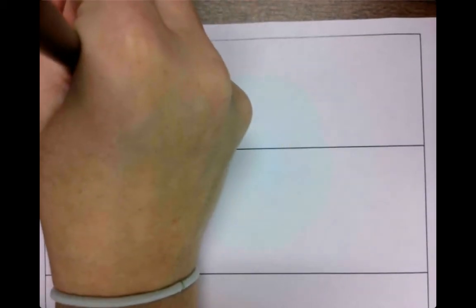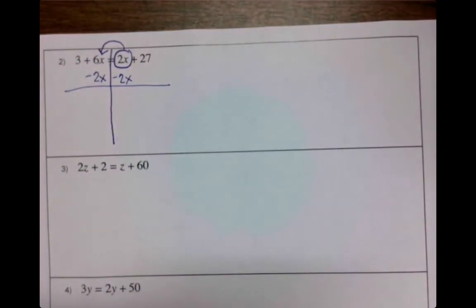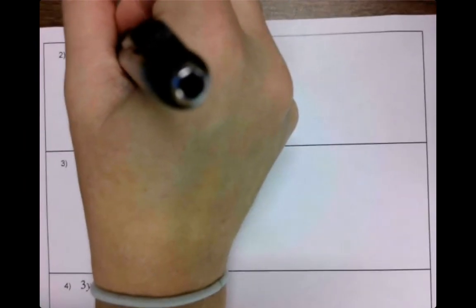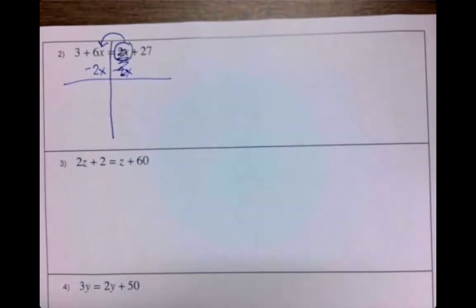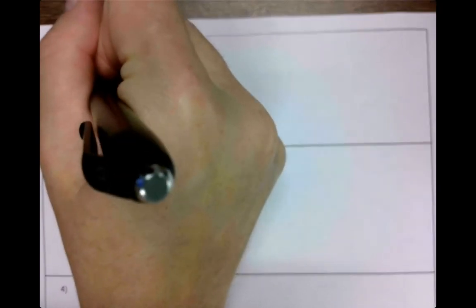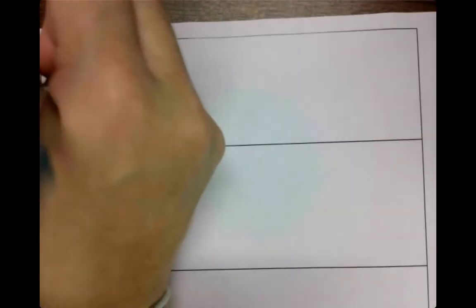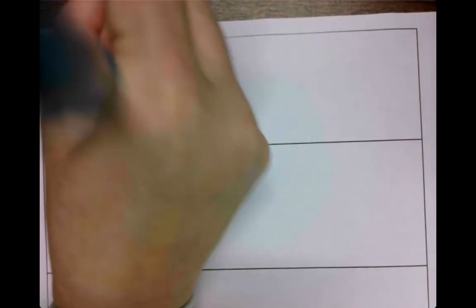Because the inverse of that positive 2x is going to be minusing that 2x. So this is now gone. 6 minus 2 is positive 4x. And then I have my 3, and I have my positive 27.